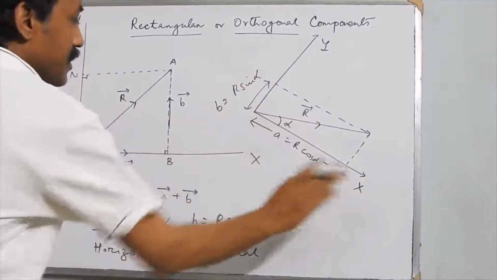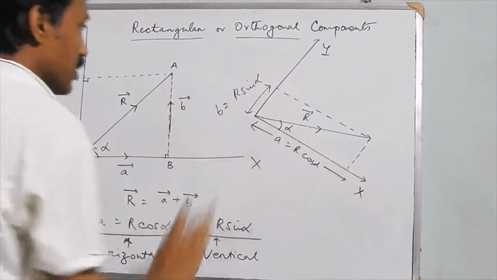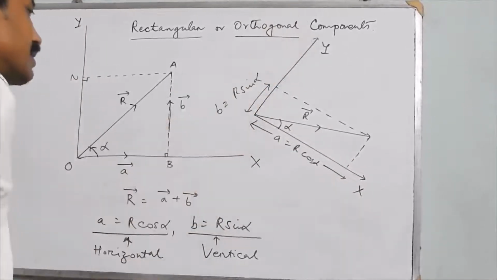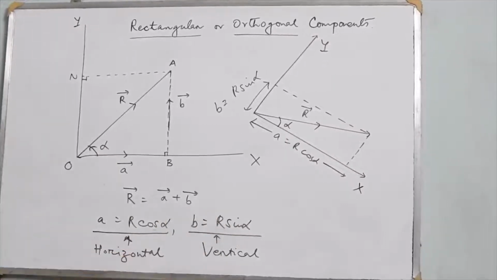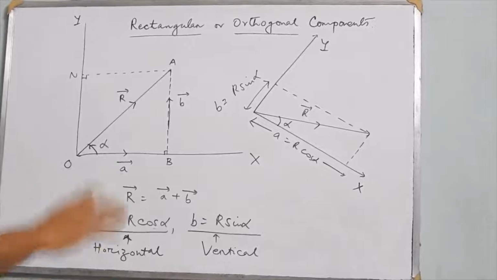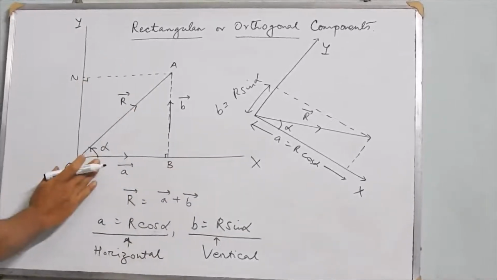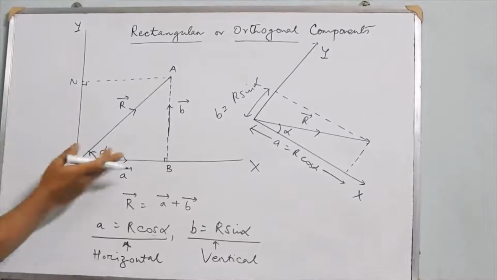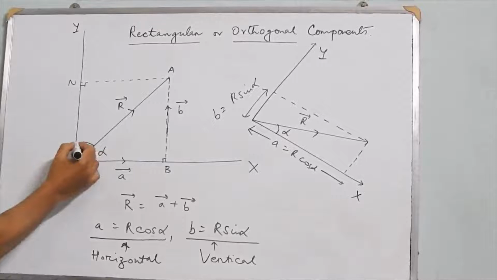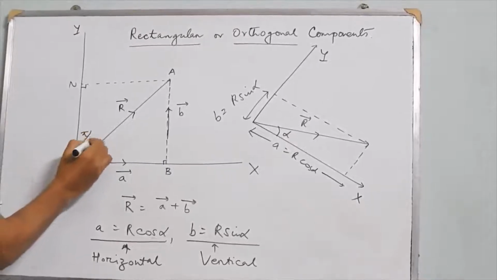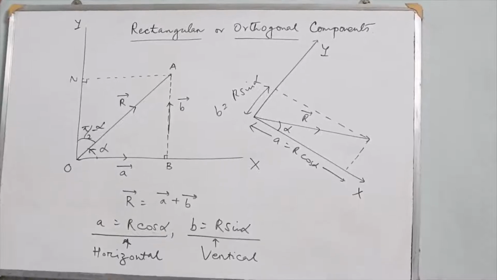One cannot say that this remains horizontal, because diagrammatically this is not the horizontal actually, neither is this the vertical. So horizontal or vertical, these terms are preferably used whenever the given axis is horizontal, with which the angle of inclination is alpha, and the given axis is vertical, with which the angle of inclination is obviously 90 minus alpha. 90 is pi by 2 radians. So this is 90 minus alpha or pi by 2 minus alpha.